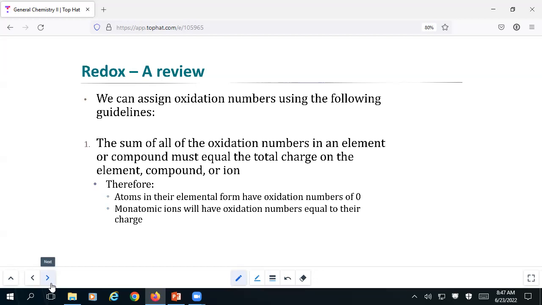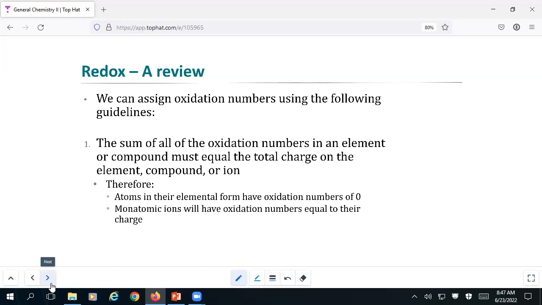So again, just to review, oxidation numbers follow a couple of simple guidelines. The first guideline is that the sum of all of the oxidation numbers in a given element, ion, or molecule has to equal the total charge on that element, molecule, or ion.